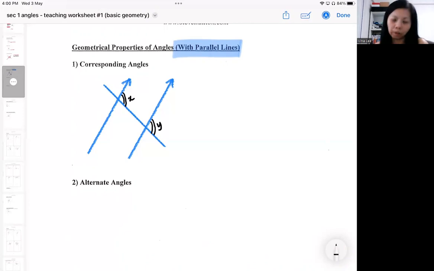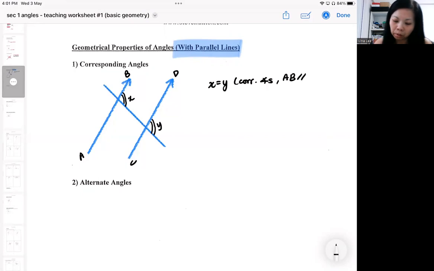Why are they called corresponding angles? What is the thing about corresponding angles? You will need to indicate the parallel lines. So when you explain corresponding angles, you have to explain that they came from AB parallel to CD.